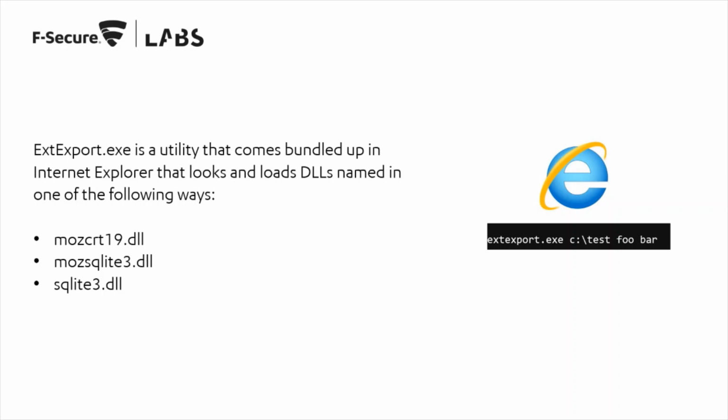So what's export.exe? It's a utility that comes bundled with Internet Explorer, and the way it is abused is that you can point this binary to a given path where you are storing your payload, and that payload needs to be in DLL form, which also makes it easier to detect, I guess.